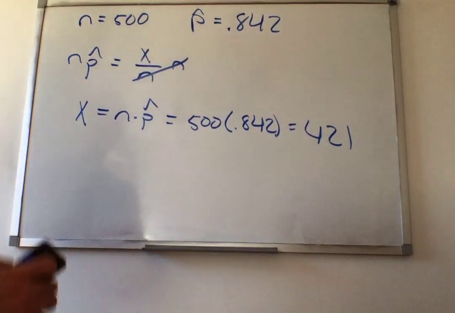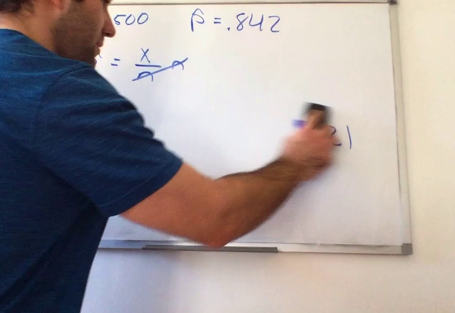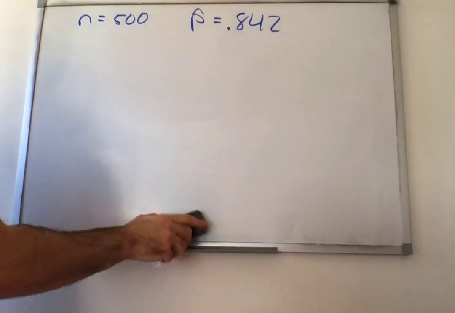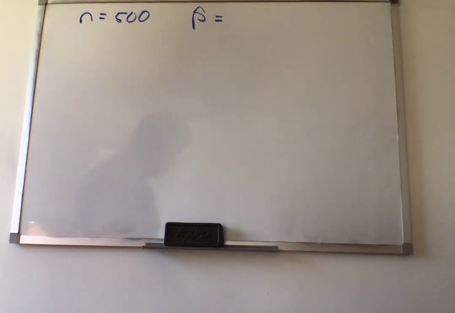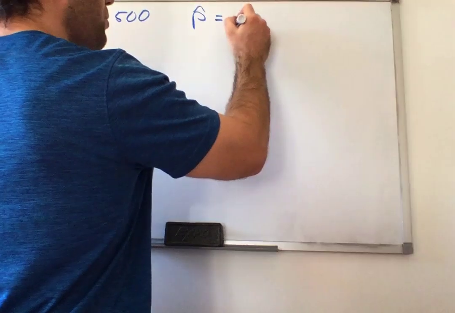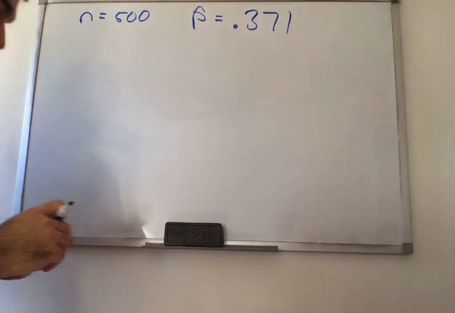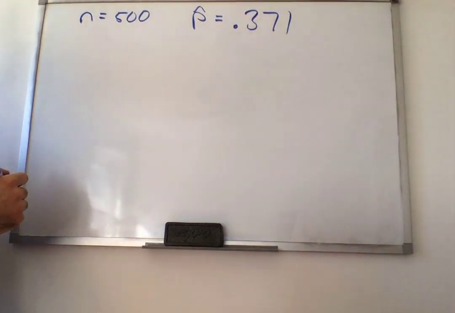Now, there's also another warning that comes with this. Let's say our p hat was 0.371. Let's go ahead and say we want to use the calculator.